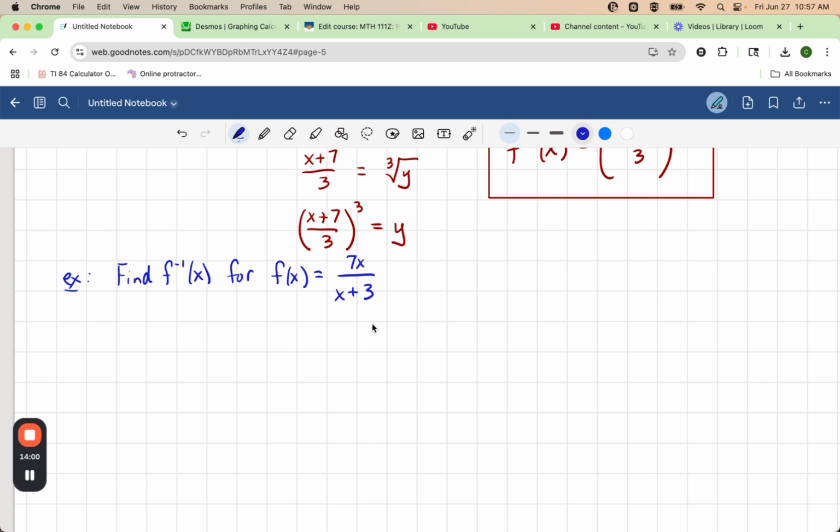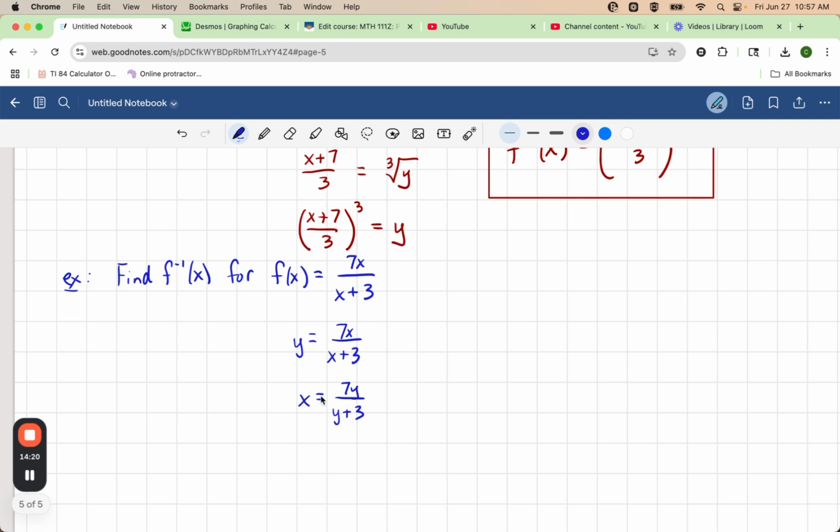All righty, first step, y in for f of x. Second step, switch x and y. Third step, solve for y.